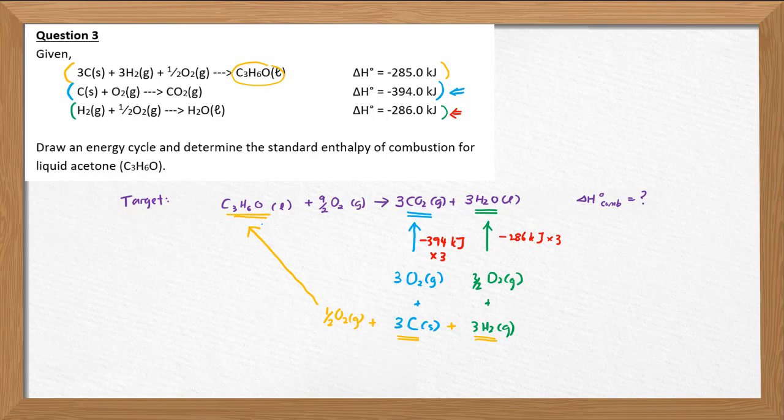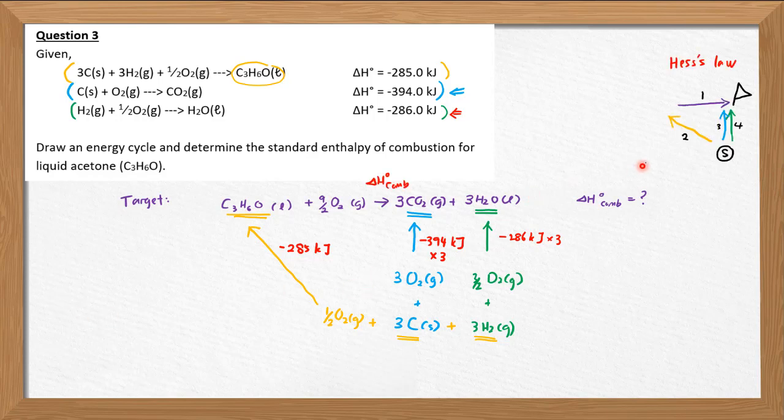So we check it again using the first formula here. 3 carbon, 3 H2, half O2 to produce 1 mole of acetone. And for this equation, the value is equal to negative 285 kilojoule, without reversing, without multiplying anything, so negative 285 kilojoule.